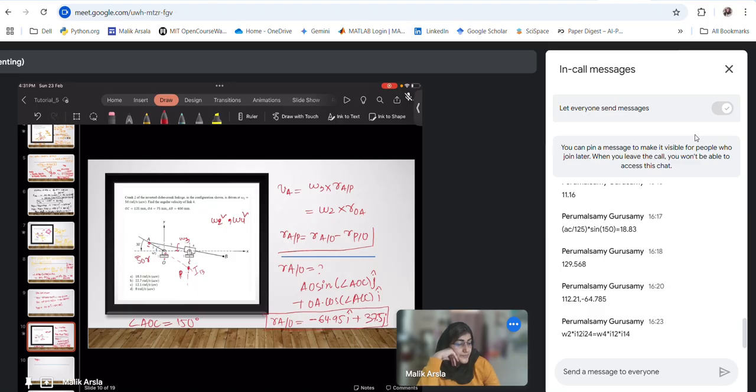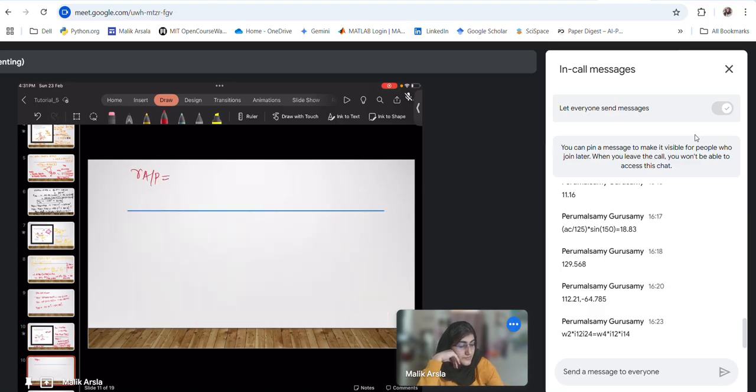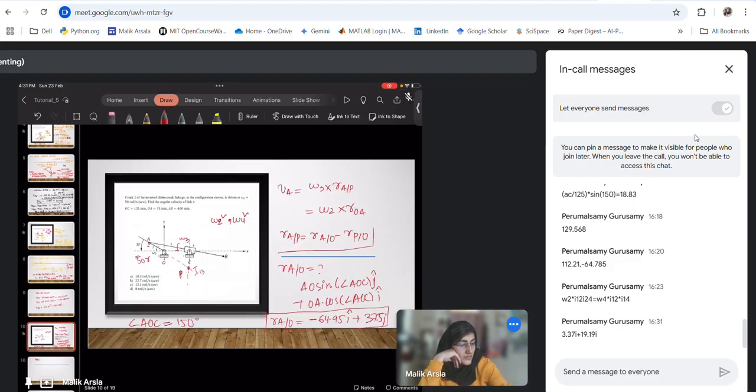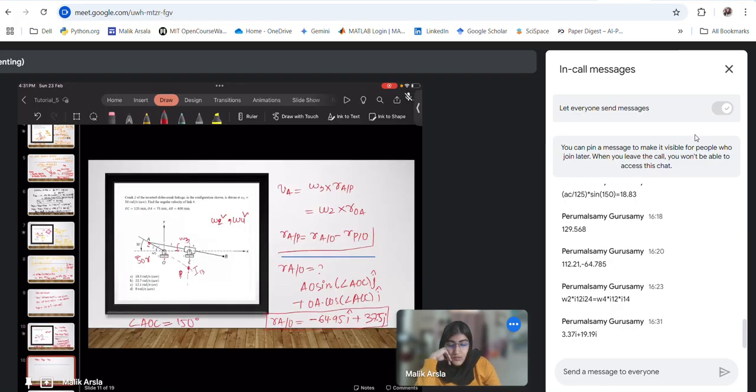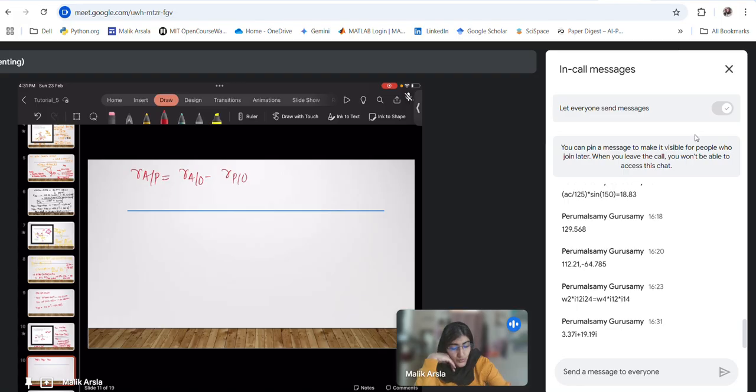So our RAP is simply RAO minus RPO. So when you do this, it is coming out to be minus 177.16 i cap plus 102.28 j cap. Okay, so this is RAP.